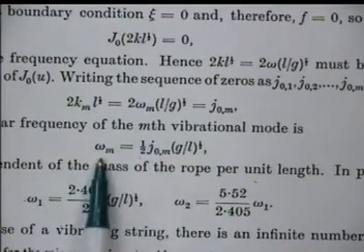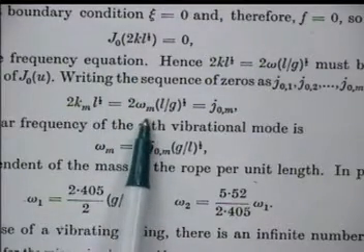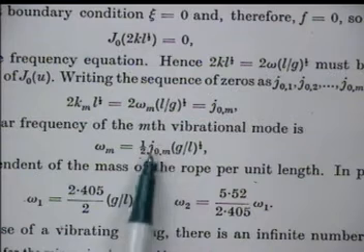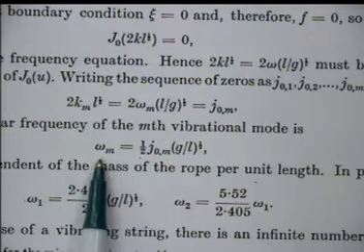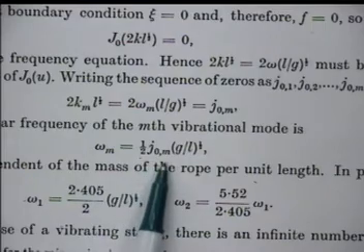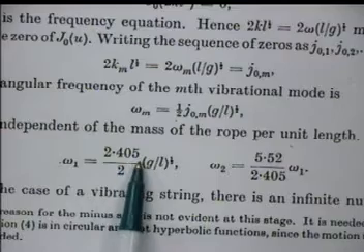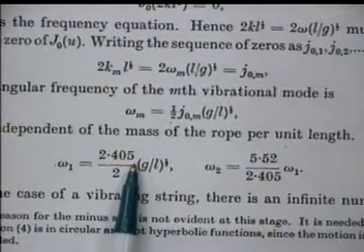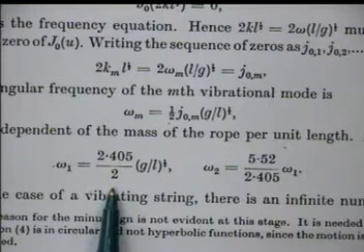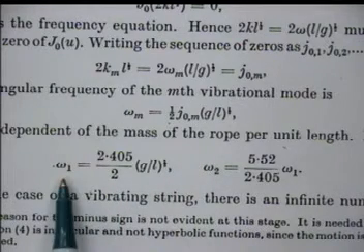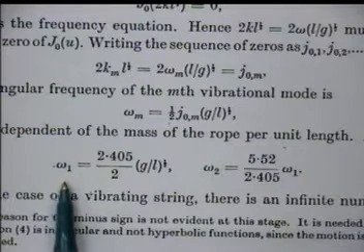And so we would say that the portion inside, 2 omega square root of L over g, would be the frequency for each of those zeros. And the first zero is 2.405. And so that would be the first natural frequency.